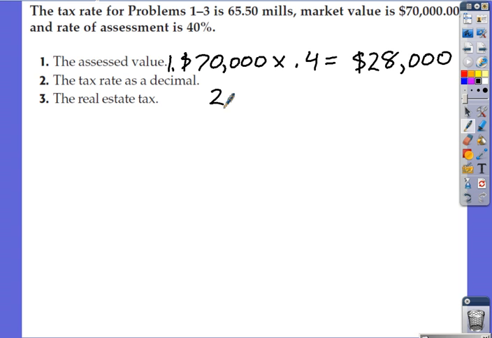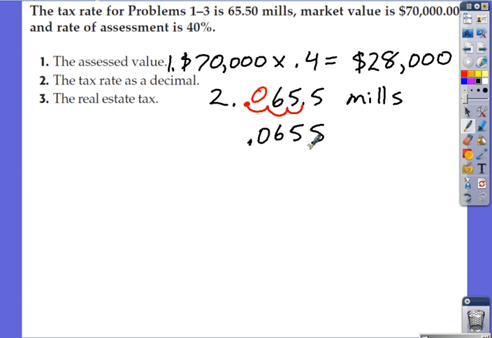Number 2, my mill rate. Well, since my mill rate is 65.5 mills, and remember what I said, anytime you have a mill, you have to move your decimal 3 places to the left. 1, 2, 3. Okay? So, my tax rate as a decimal is 0.0655.